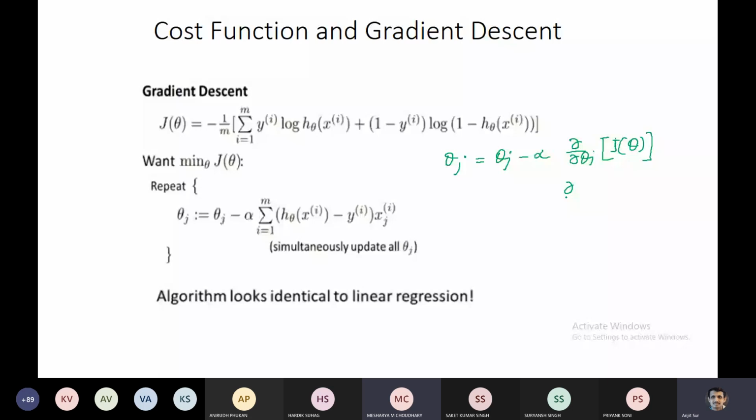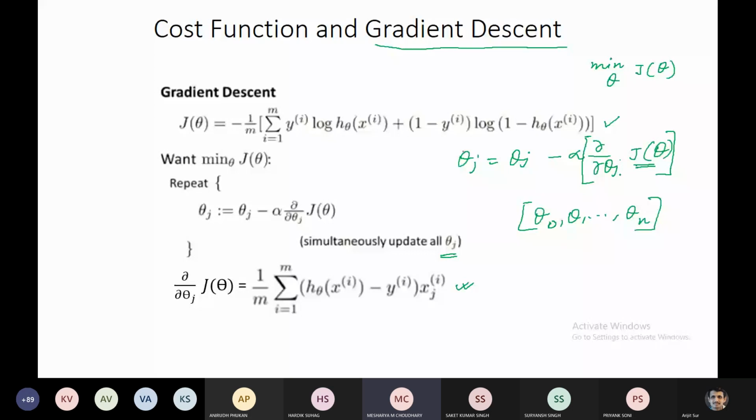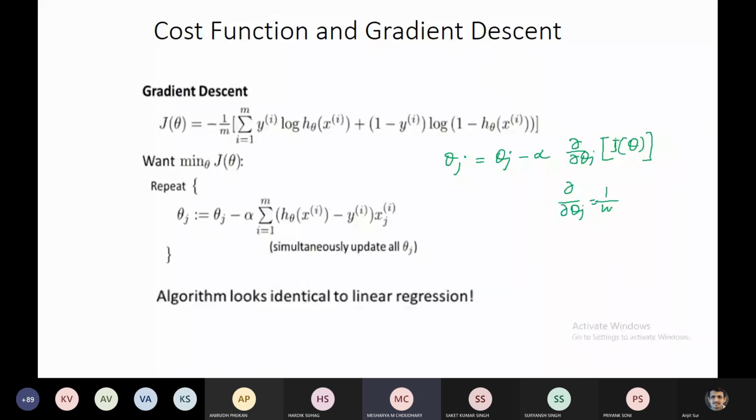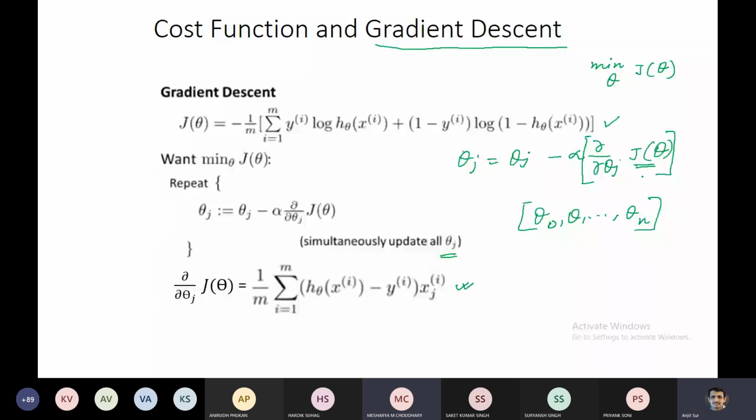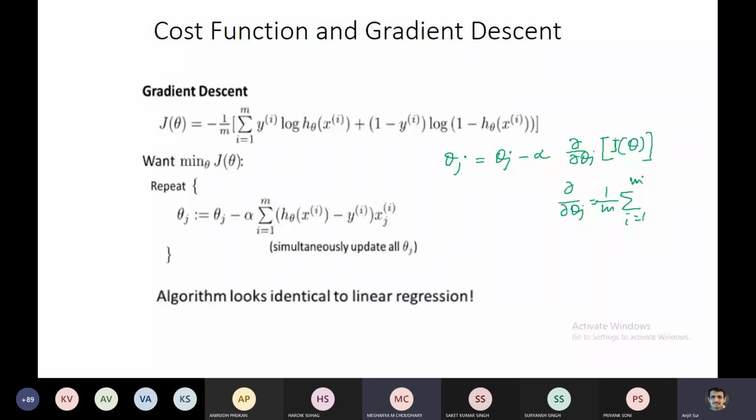That we said earlier, 1 by m, sum over i equal to 1 to m, of h_theta(x^(i)) minus y_i, times x_j^(i).